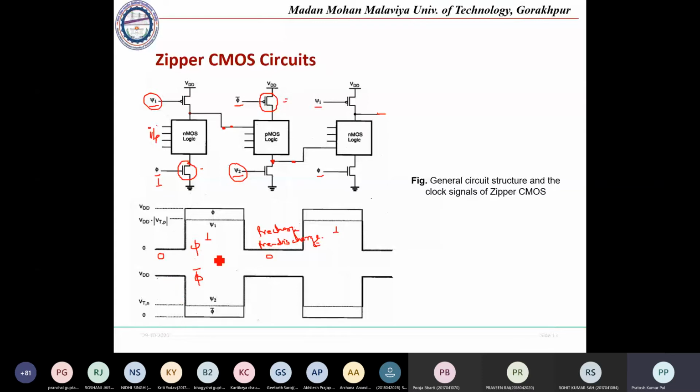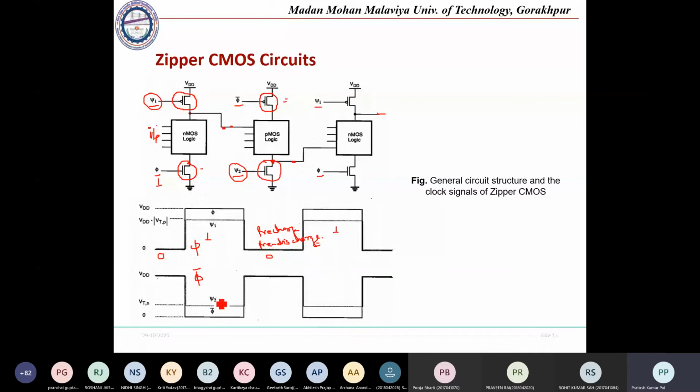But while the evaluation is taking place, phi 1 is made a higher value. This higher value is such that we make these transistors work near the cutoff region, so we minimize the current, or the leakage current, flowing through the transistors.